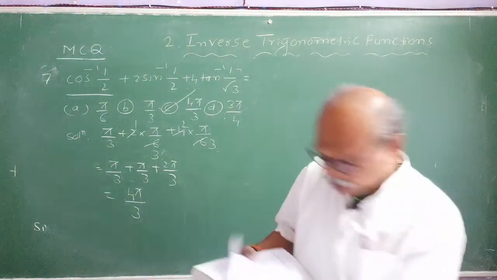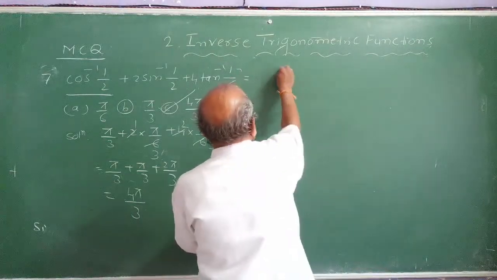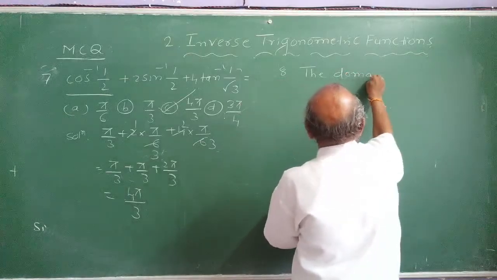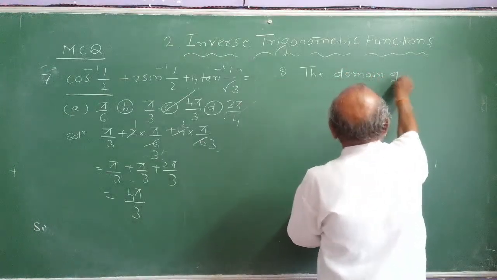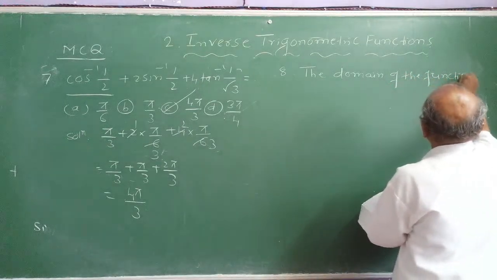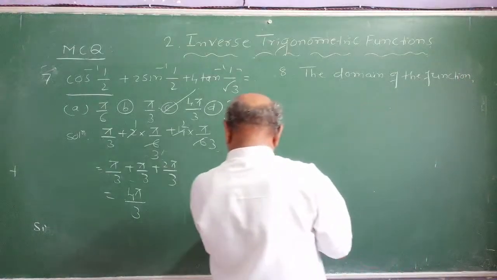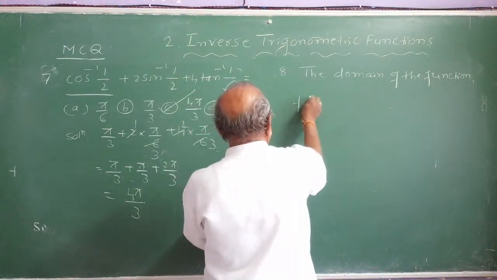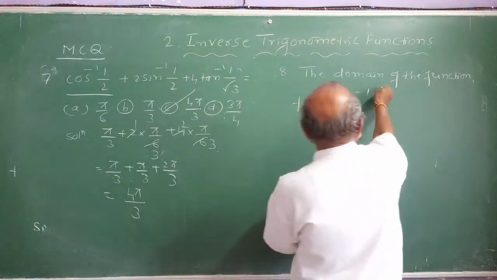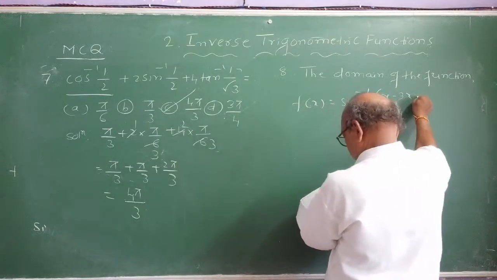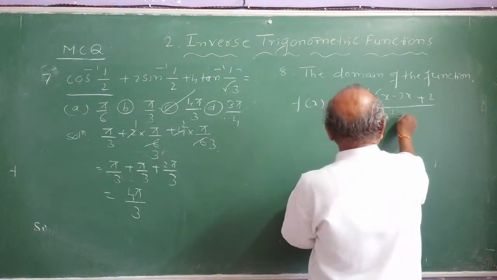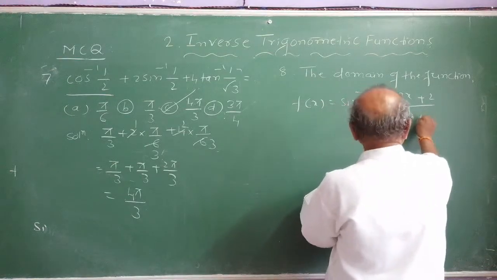Here is a question. The domain of the function. Solve this. They have given the function like this: f of x is equal to sin inverse of x square minus 3x plus 2 divided by x square plus 2x plus 7.